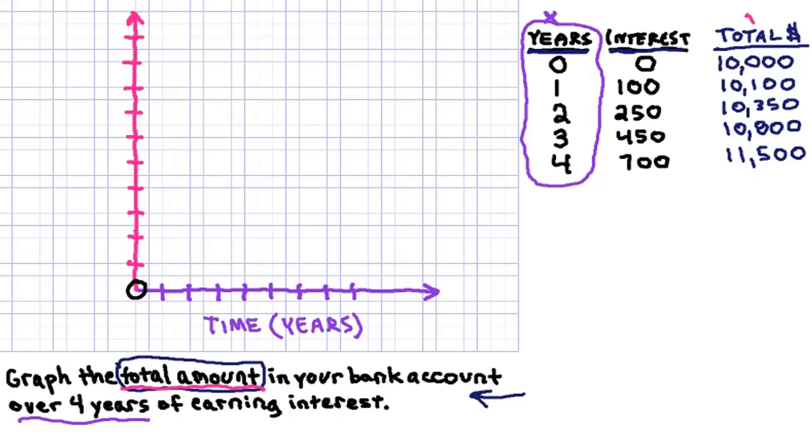So your y values is going to be these totals over here in this column. So this is what we're going to graph on the up and down line on the y-axis. So let's label that total money.